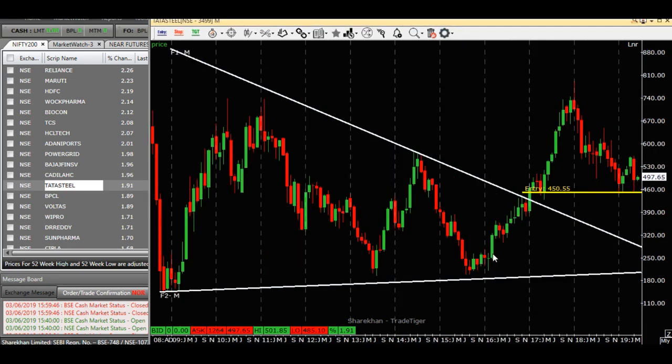Now you guys might be asking, how am I taking these entries? Right? I'm just saying that there's an entry here, enter on the breakout. Right? Now there are precise ways where we can take entries, where we get precise levels that I will enter only above or below this particular level.